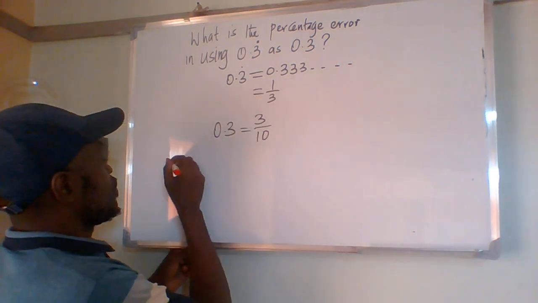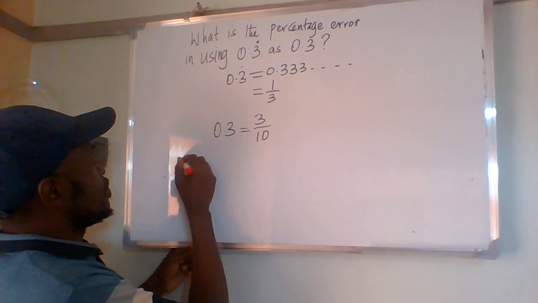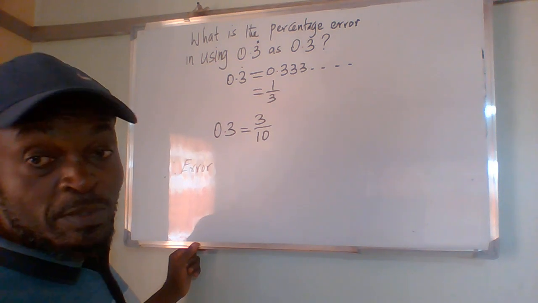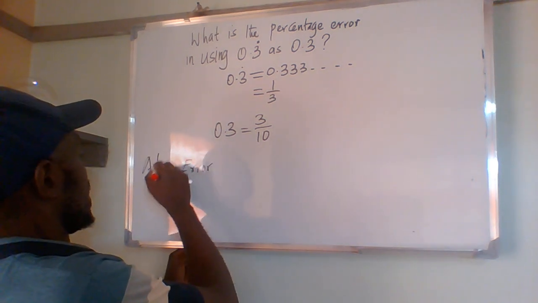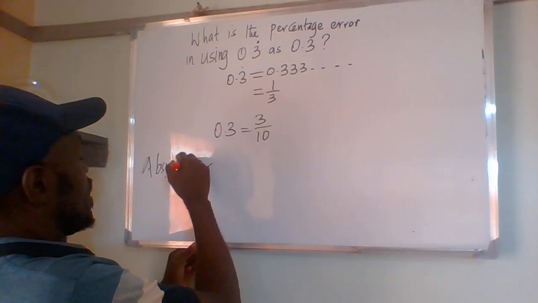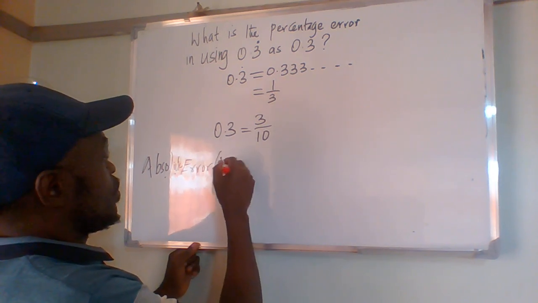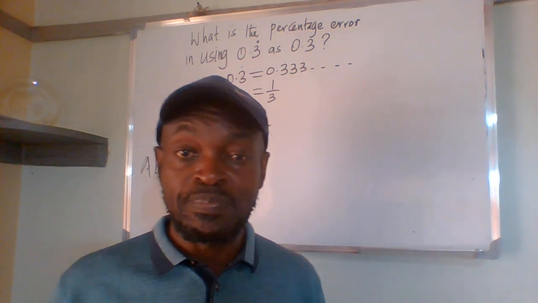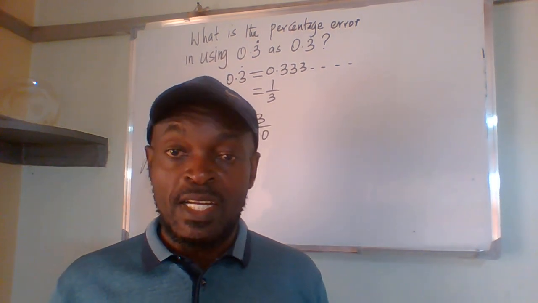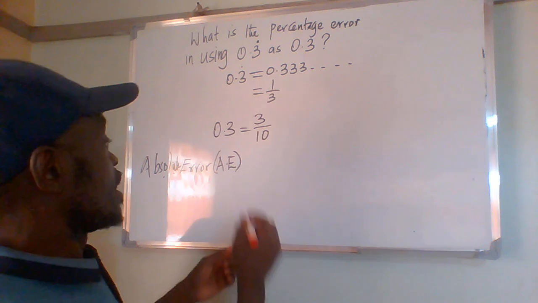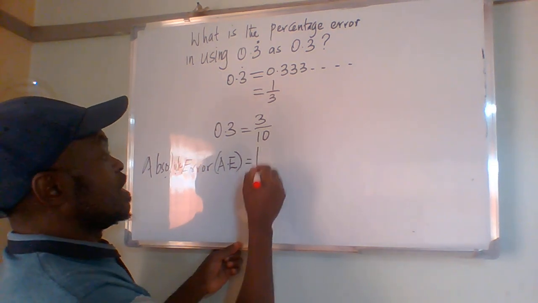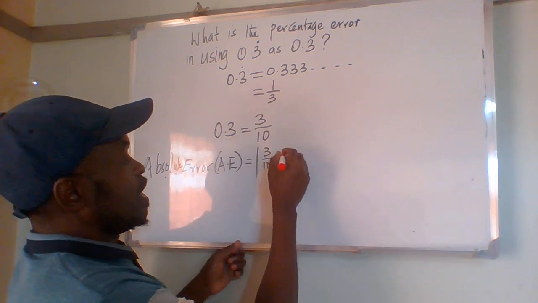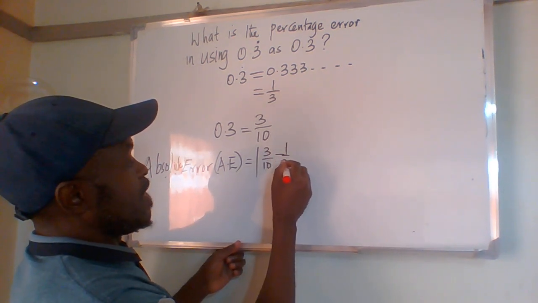That difference is what we are calling the error. So in this case, we'll say the error involved, which is at times referred to as absolute error, most of the times abbreviated as AE, is actually the difference between the actual value and the measured value.